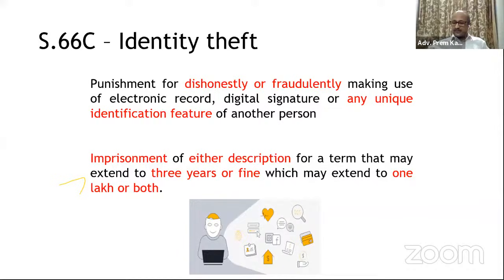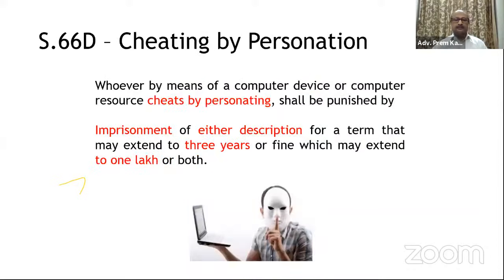That particular act is called skimming. These are the few technical terms which come under identity theft, which I believe you should all be made aware of. So I just shared it.